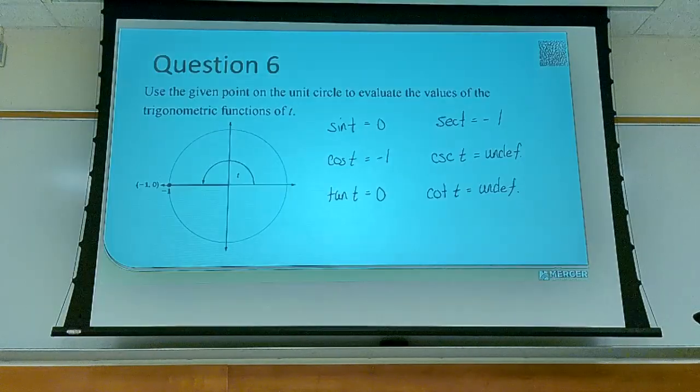On the test, if you write 1 over 0, you have to tell me that's undefined. You put 1 over 0 and then say undefined, and that's fine. If you just leave 1 over 0, you get some credit, but you won't get full credit.